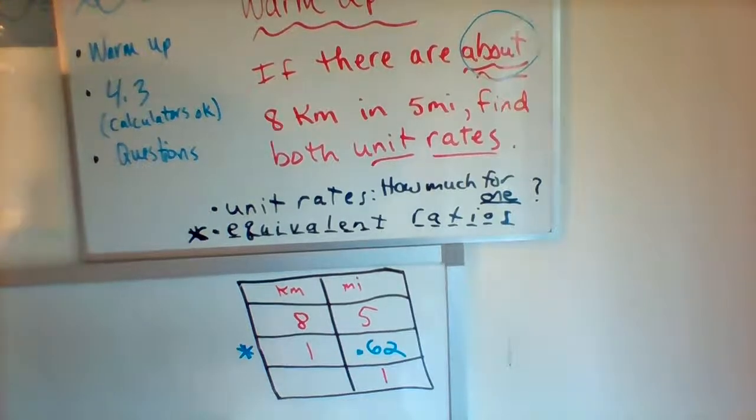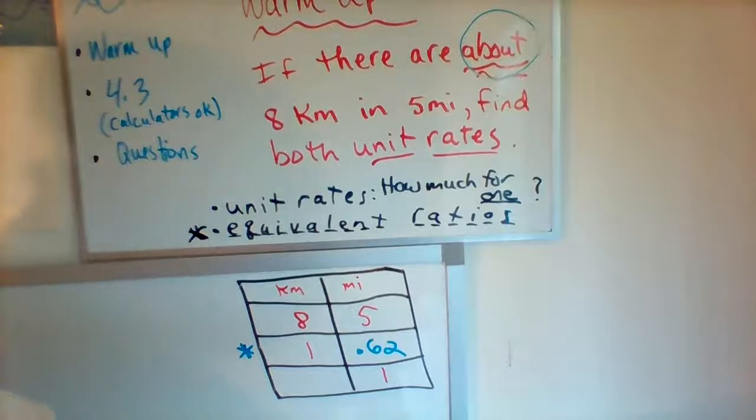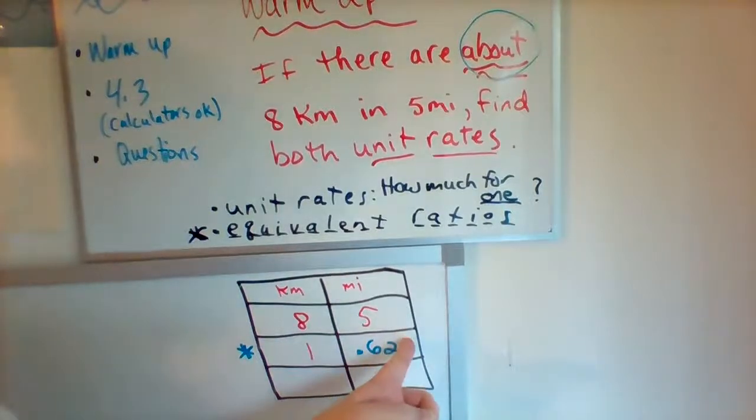Anybody? How did you guys get this number right here? So we're gonna focus on this one right now so we don't get confused. When we have this one, we'll go to this one.